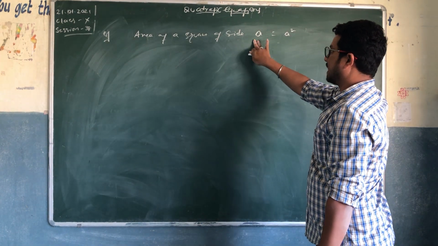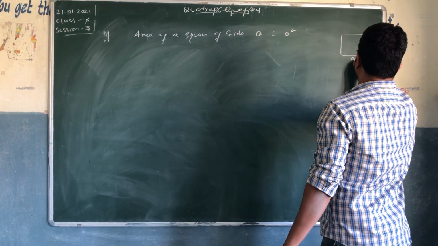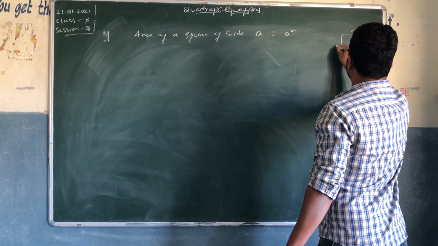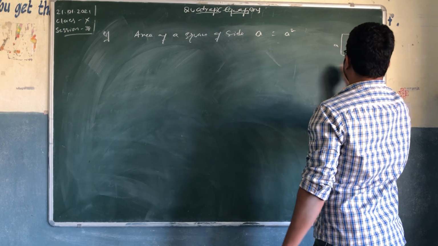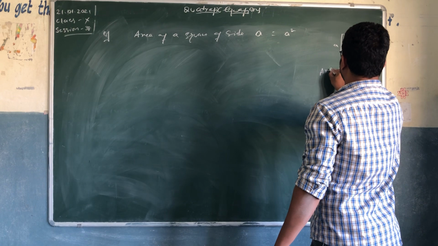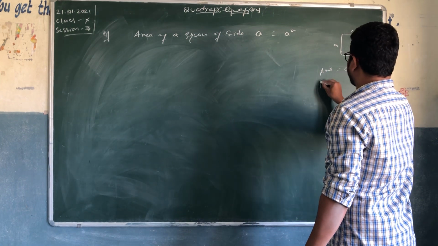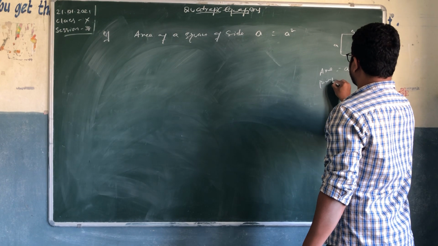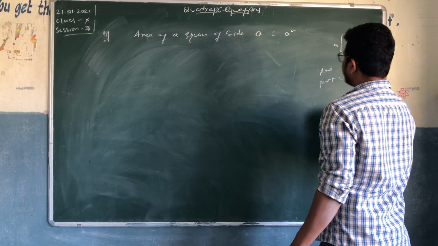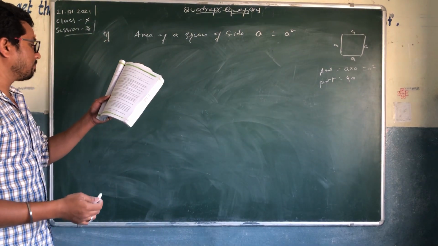There is a square which is of side A, and the area will be A into A, is equal to A square. And the perimeter will be 4 into A.